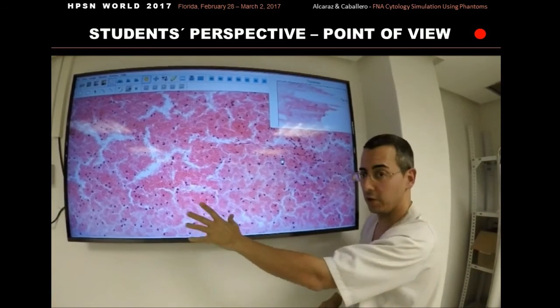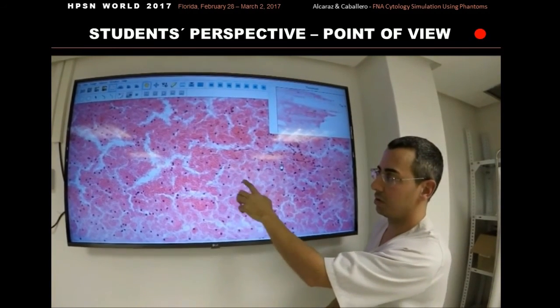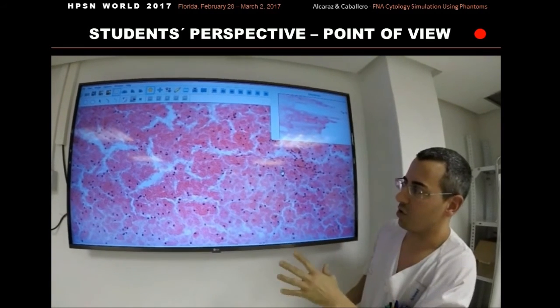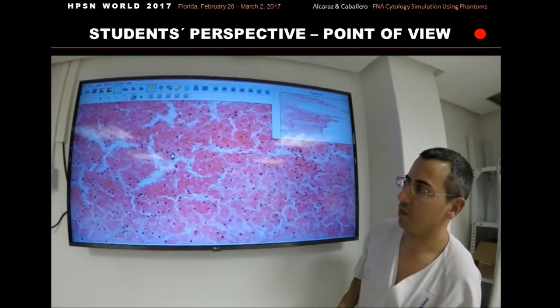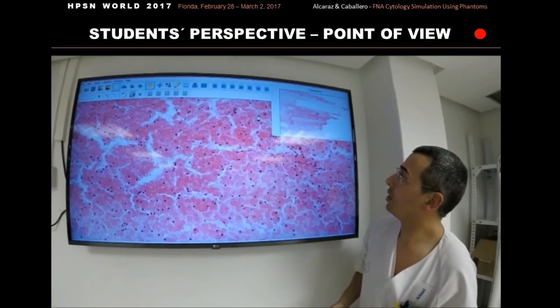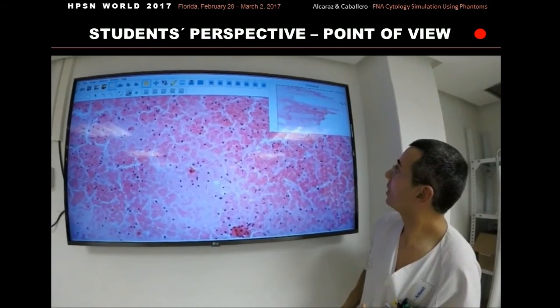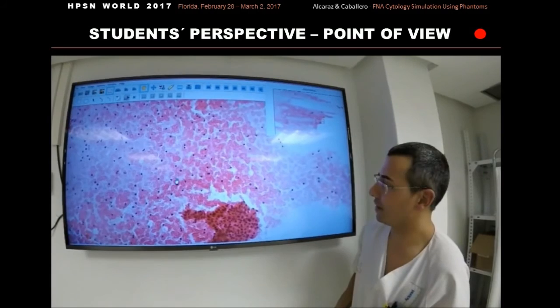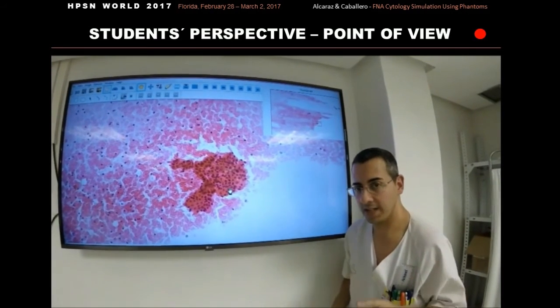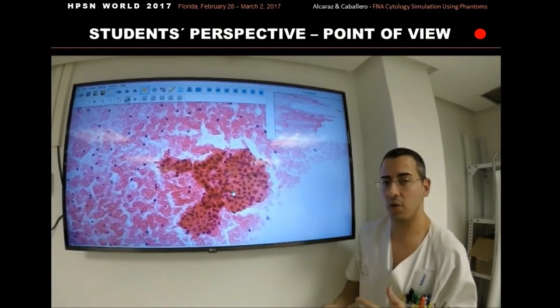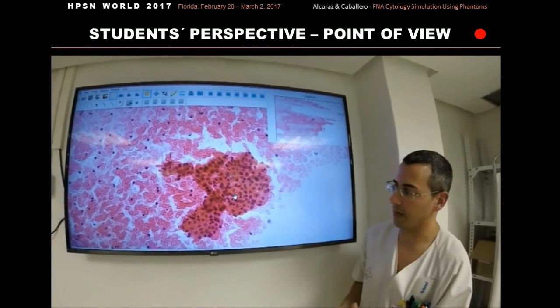So, knowing the microscopic features in this particular case of a salivary gland lesion, here the student plays an interactive role, asking questions about what is on the screen, and the teacher is next to the student with no distance and more interaction than in conventional lessons.